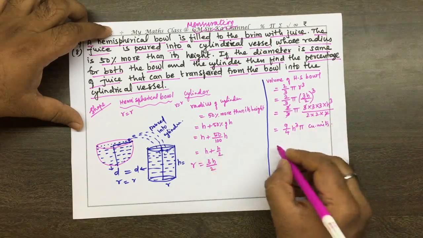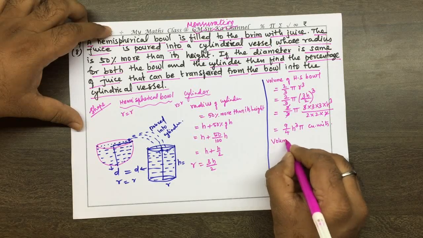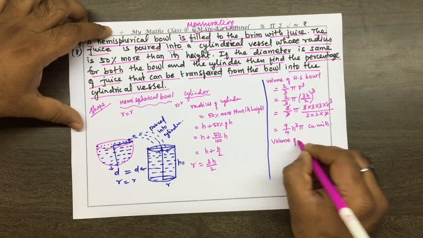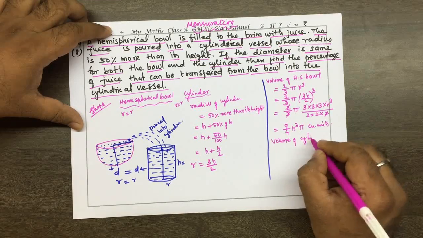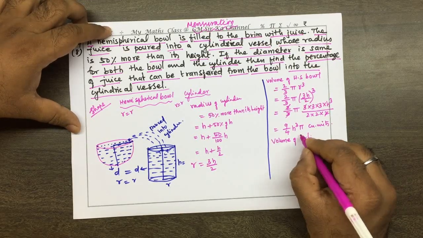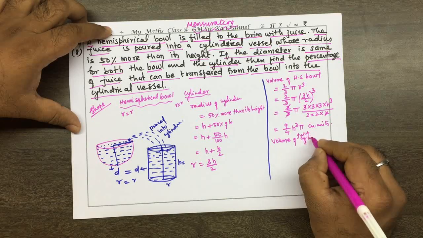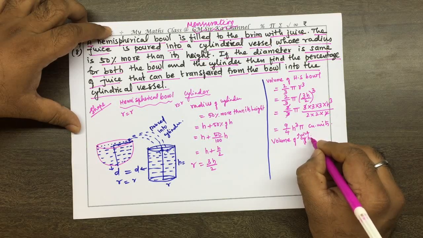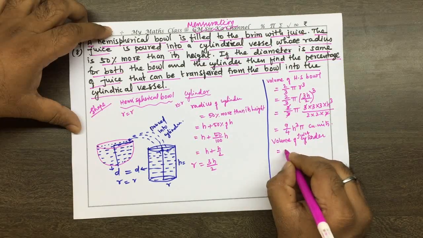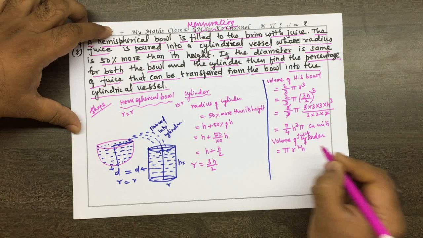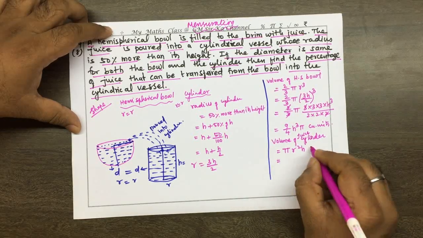And the volume of the cylinder, the volume of juice poured into the cylinder, is pi r square h cubic units.